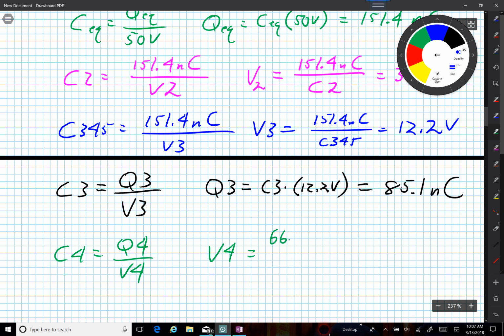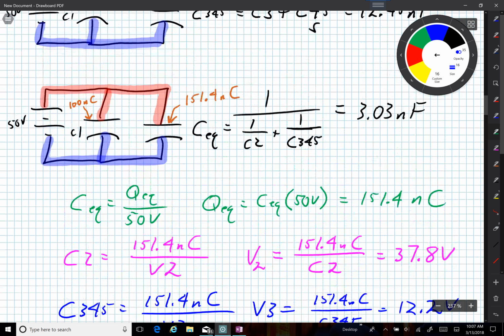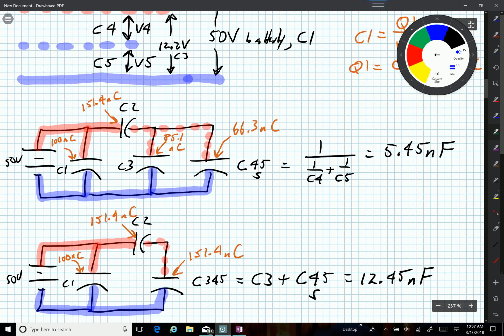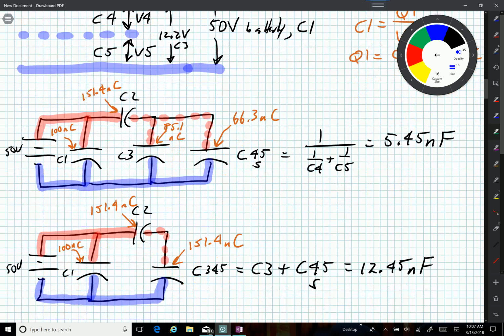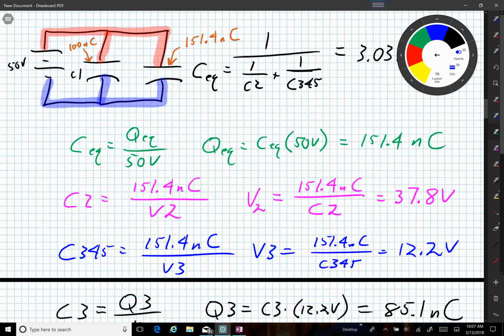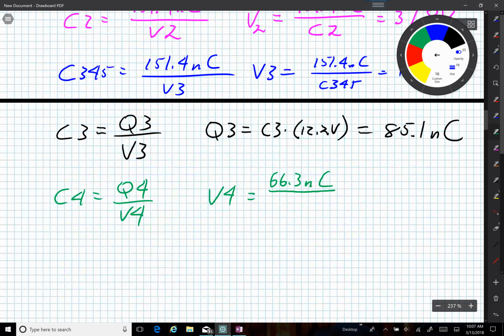66.3 nanocoulombs, and C4 was 10 nanofarads. And so this will be 6.63 volts.